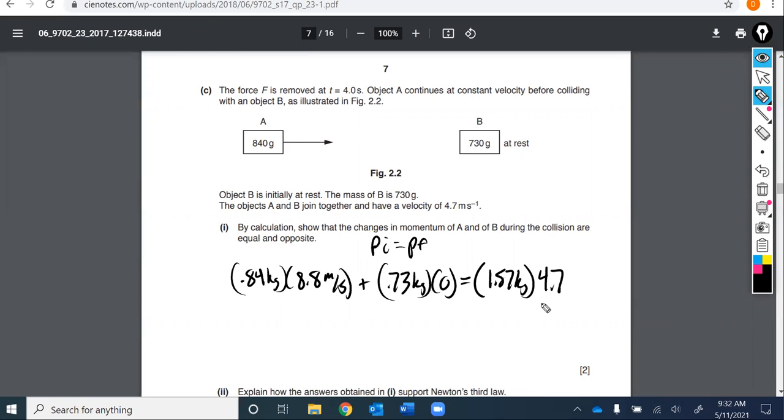So 1.57 times 4.7 equals 7.379 kilogram meters per second. All right, that is the final momentum. The initial momentum came from this. So we had 8.8 times 0.84, 7.392 plus 0.